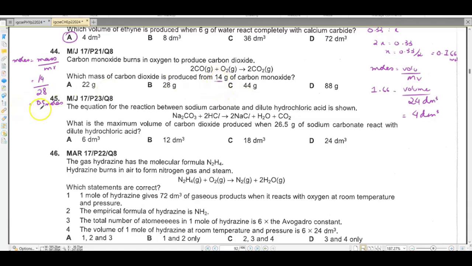So once we have the moles of carbon monoxide, we can always find the moles of carbon dioxide, and since we can see that they are in the same ratio, the moles of carbon dioxide would be the same as for carbon monoxide.